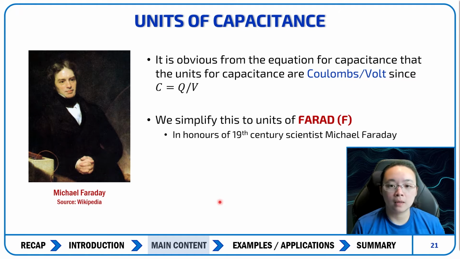But Michael Faraday, who's the one over here, in honor of this 19th century scientist, we simplify this unit to farads, or F. So we know the equation for capacitance, we know what units to use. Let's go through a few different sample calculations so that we can practice using these equations.